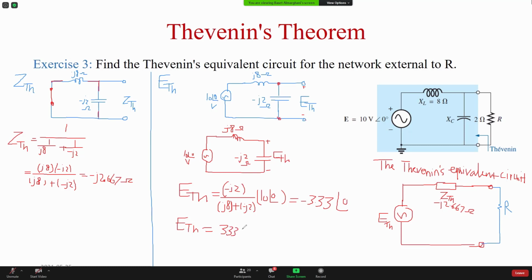You can write another one, maybe angle 180, because the minus means 180. Okay, volt. So I can come here and I say this is 3.33 angle 180 degree volt. And this is the answer here. Any questions?